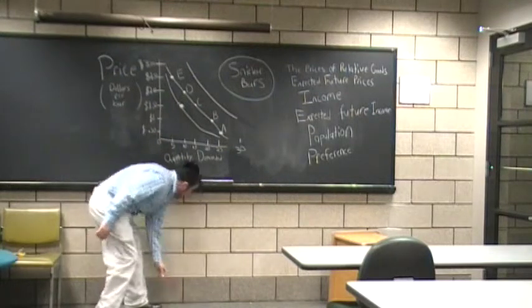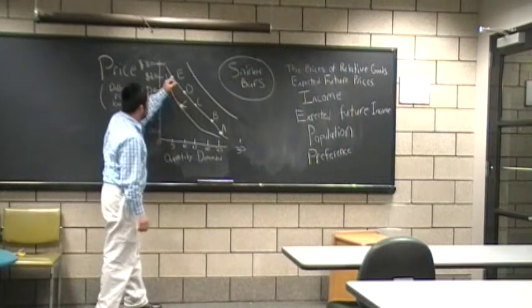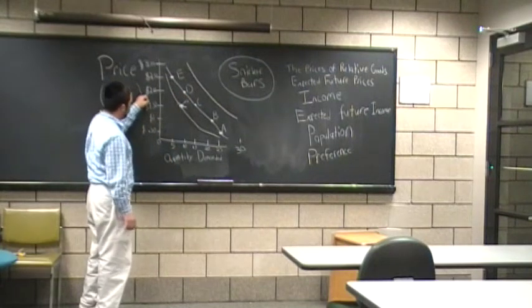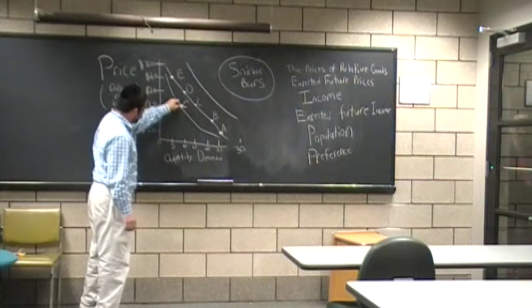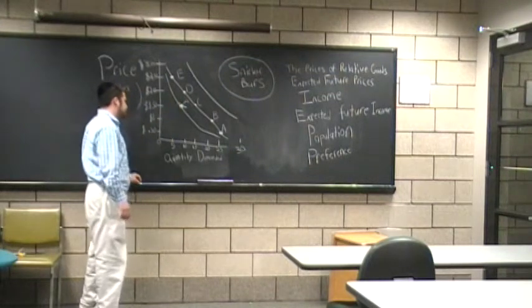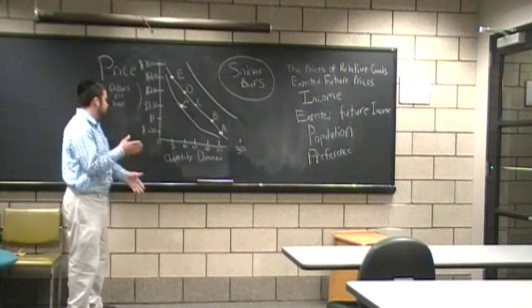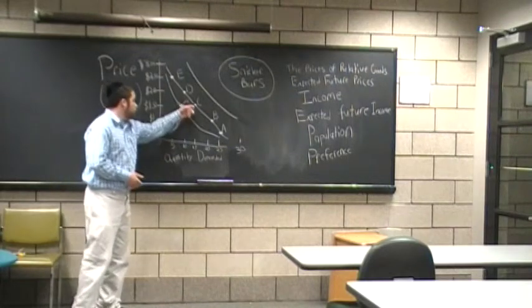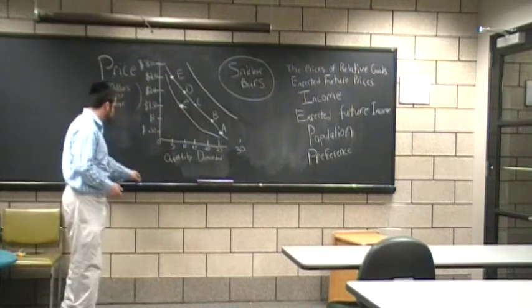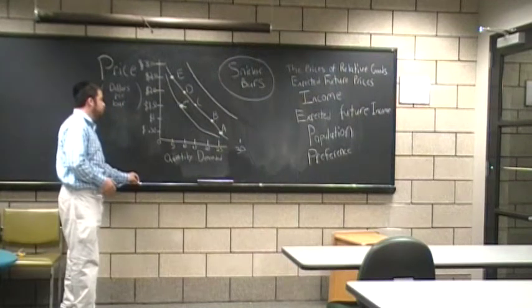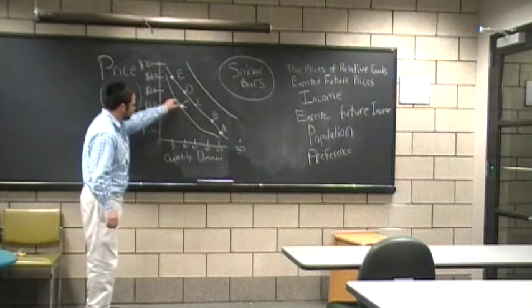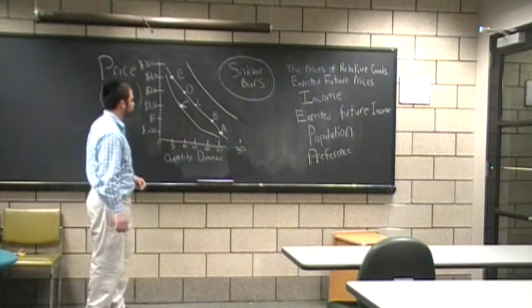Now, what you have is the new point, C2, at $1.50. Before, you had 15 million willing to buy it at $1.50. Now you only have around 10 million.